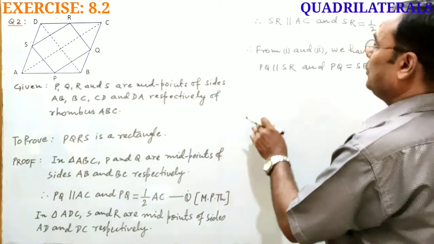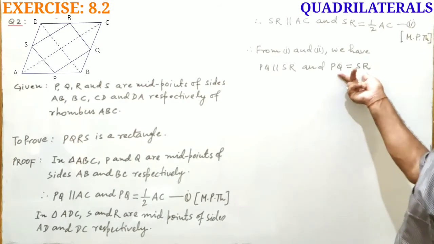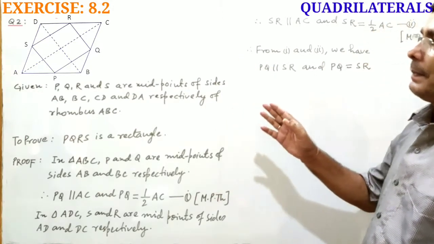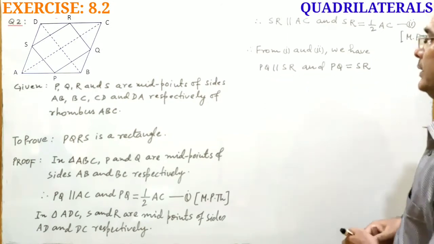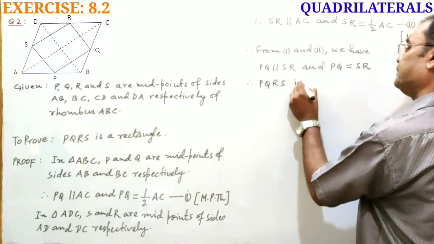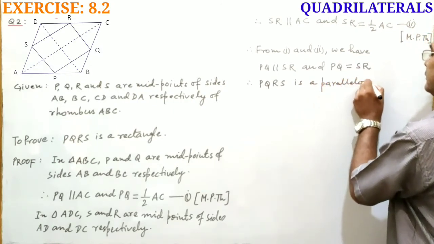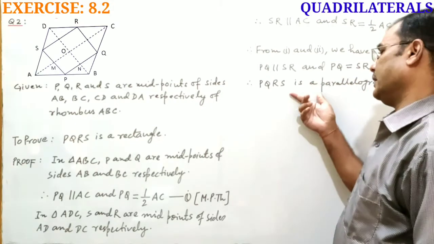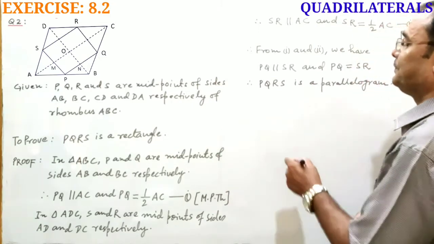In quadrilateral PQRS, PQ is parallel to SR and PQ is equal to SR. That is, one pair of opposite sides of quadrilateral PQRS are parallel and equal. Therefore, PQRS is a parallelogram. So we have proved that PQRS is a parallelogram, but actually we have to prove that PQRS is a rectangle.